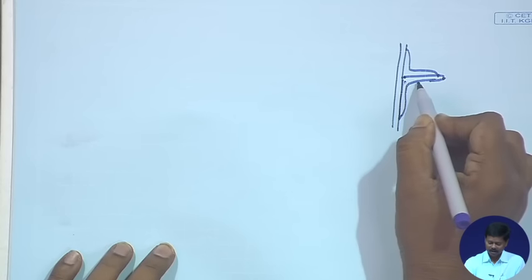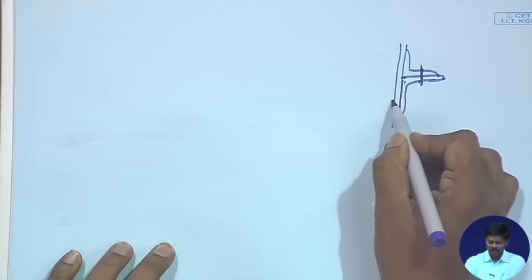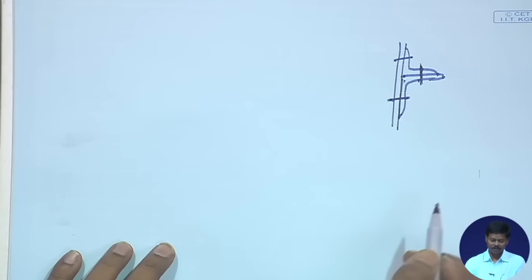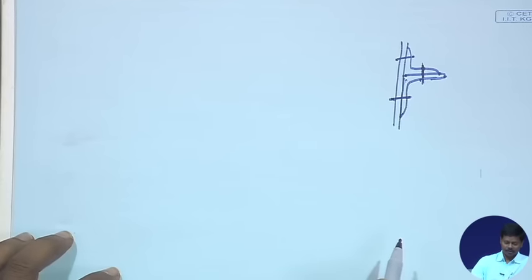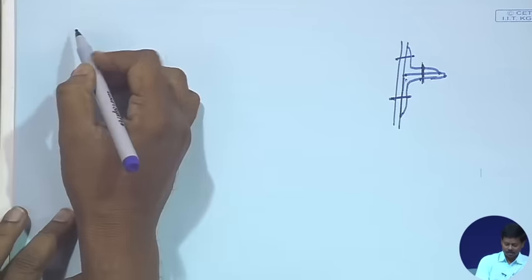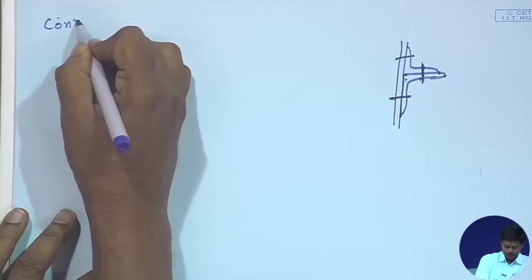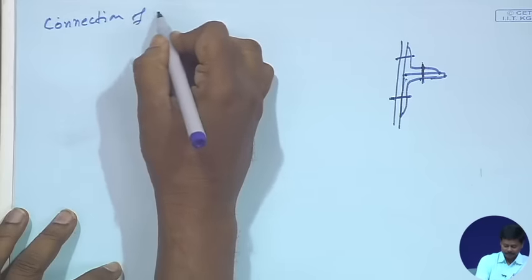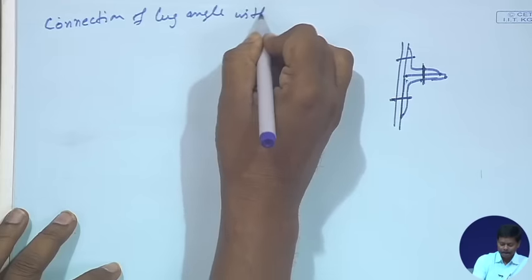So, main angle is connected with the gusset plate, main angle is connected with that lug angle, and lug angle is connected to the gusset plate. These three things we have to see, right. So, first we will see the connection of lug angle with gusset plate.